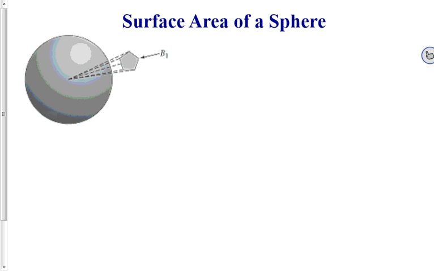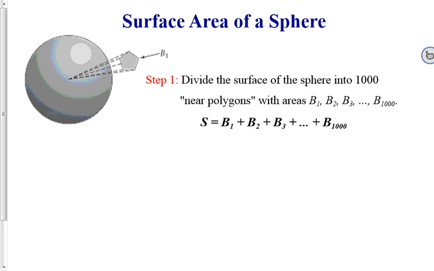Okay, so there's our sphere with our diagram. We have the pentagonal base of the pyramid. We're going to call that base B sub 1. Now, step 1. Divide the surface of the sphere into 1,000 near polygons with areas B sub 1, B sub 2, B sub 3, and so on, all the way through B sub 1,000.